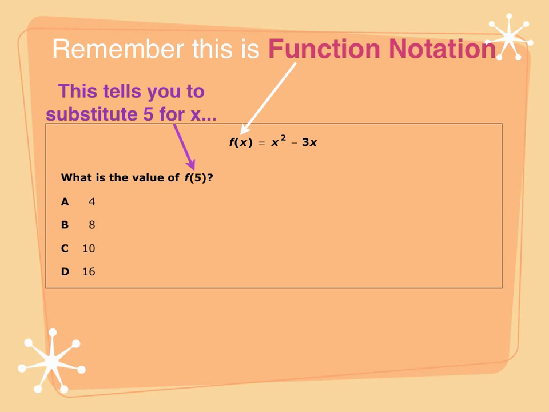So when I substitute 5 for x, I'm going to put it in parentheses, just like when I'm substituting anywhere else. I put 5 squared minus 3 times 5. Well, 5 squared is 25, and 3 times 5 is 15. 25 minus 15 is 10, so my answer is C.